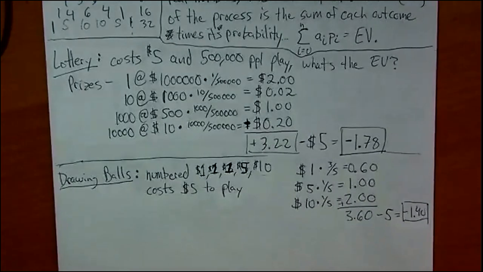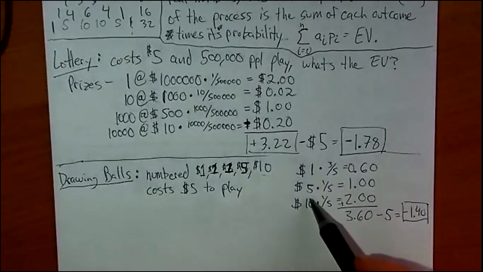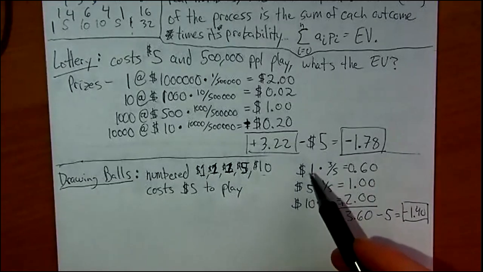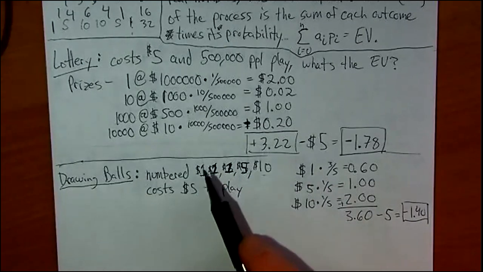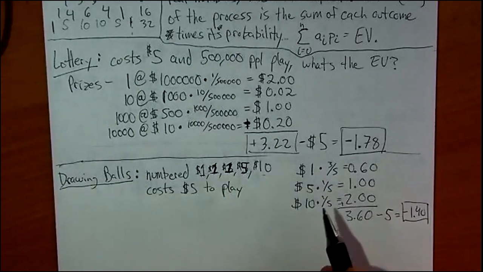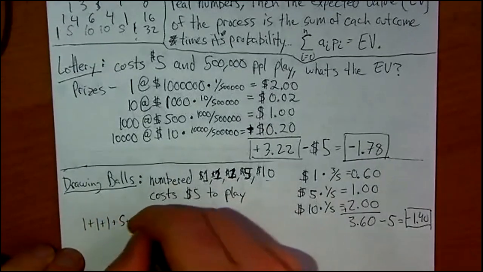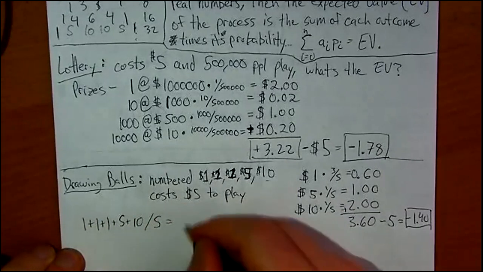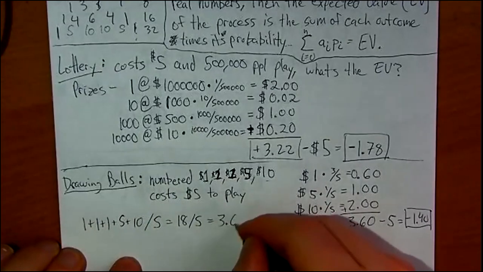Now, Sean, I liked your way of doing it because it's a lot shorter, right? You can add up all of the outcome values for each ball, and then just divide by the total number of balls, and that's going to get you that same answer, right? Because if we have 1 plus 1 plus 1 plus 5 plus 10 divided by 5, well, that's going to be 18 over 5, which of course, again, is $3.60.